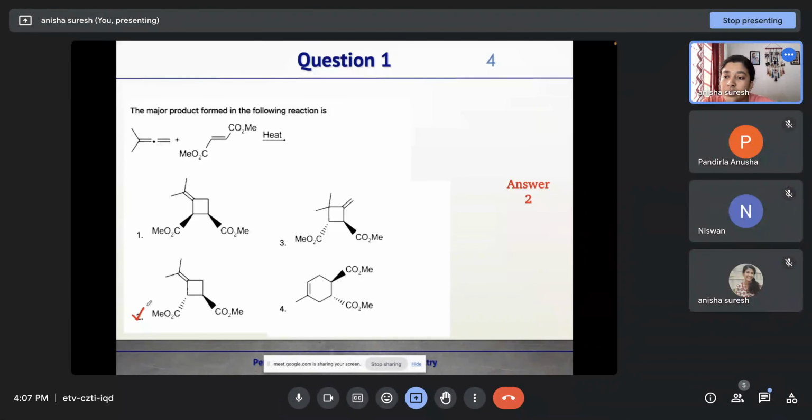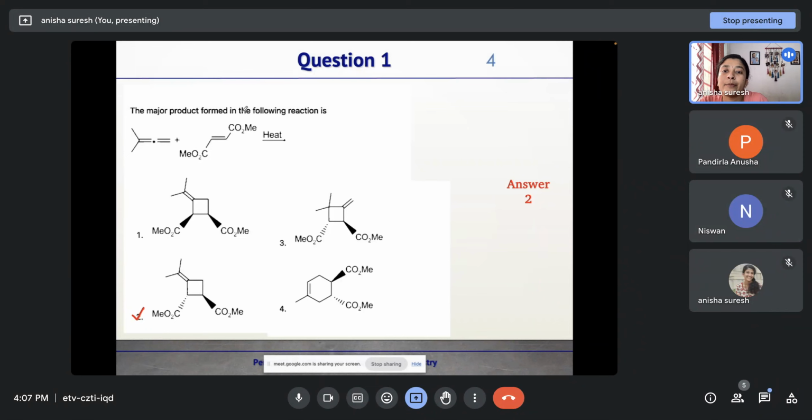Okay, any doubts? So the point that you have to remember here is the less substituted double bond will be taking part in the 2 plus 2 cycloaddition reaction.